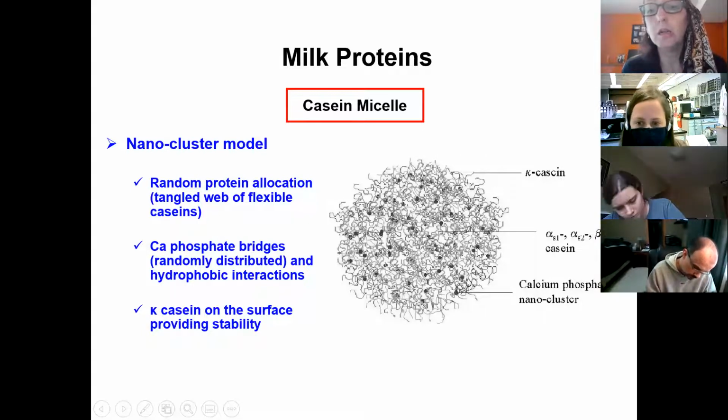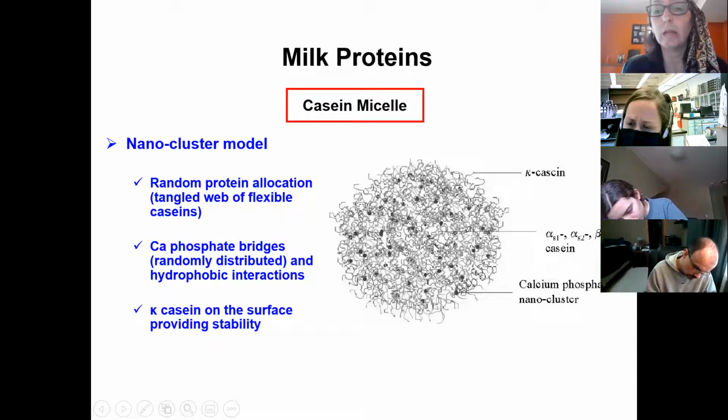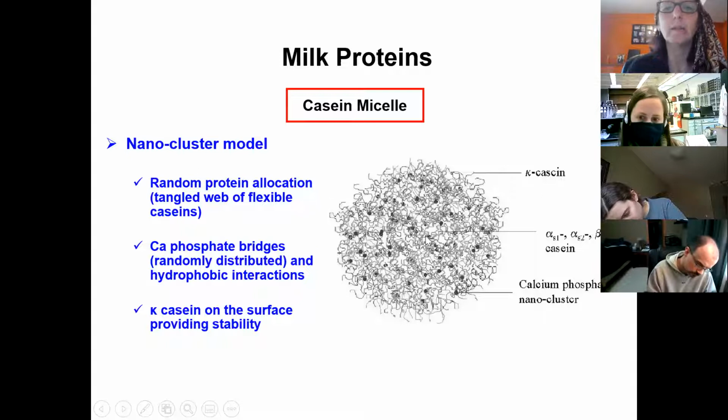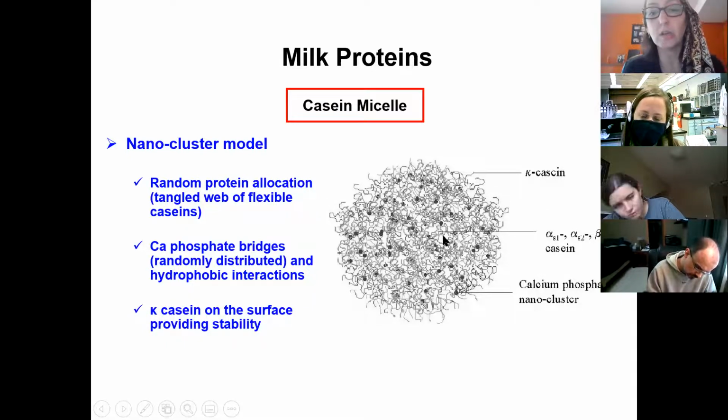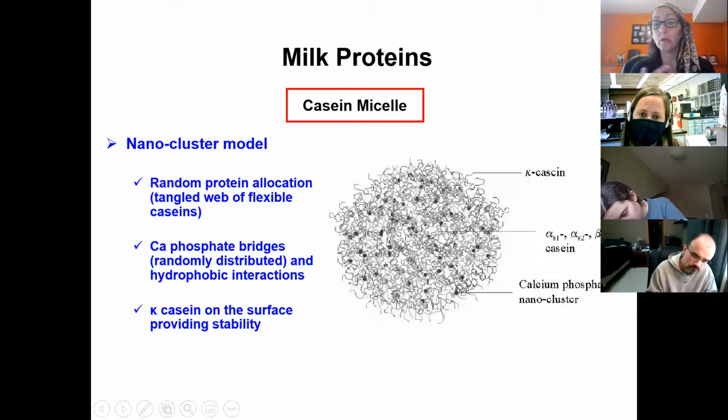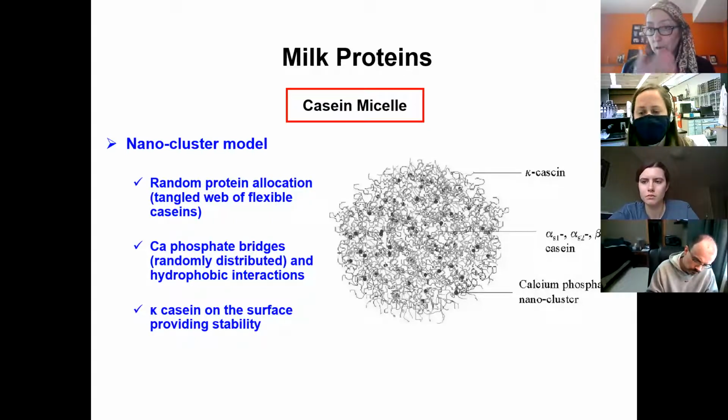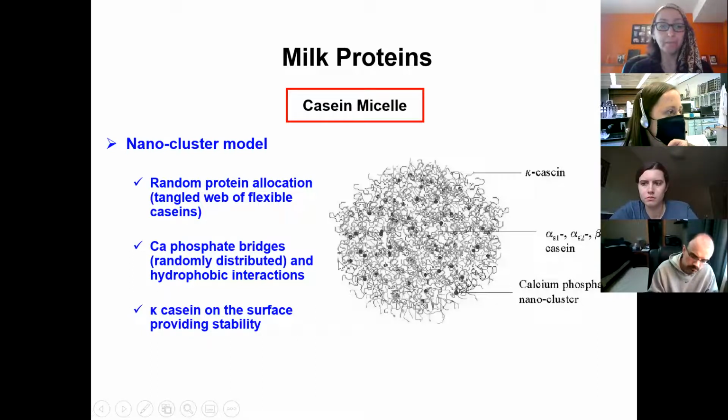And these little black spots are your calcium phosphate clusters that link the proteins, and the other interactions are mostly hydrophobic interactions, with the beta casein playing an important role. So it's basically an intertwined system with all of these proteins interacting with each other, not necessarily a structured submicelle, but the same concept, with most of the kappa casein on the outside.